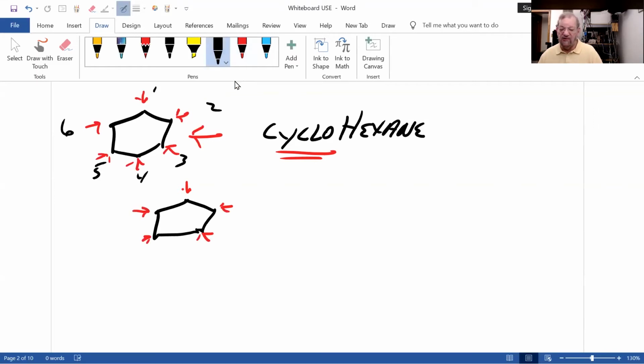And 5 carbons is pentane. But it's a ring, so we need the prefix cyclo, cyclopentane. Now, on test number 1, students tend to forget when they're naming a ring like this, the word cyclo. Don't. I'm telling you that so you won't get it wrong on a test. When you have a ring, you need the prefix cyclo.